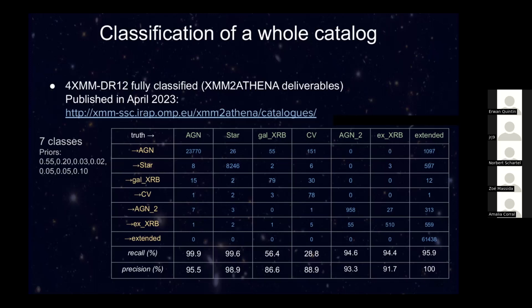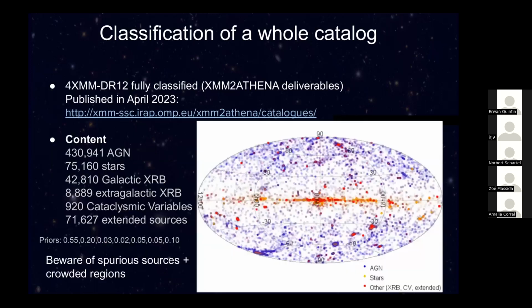And you see here that the recall is very high for almost all classes except the galactic X-ray binaries and cataclysmic variables, and the precision is high in all cases. So this is very encouraging. I would say beware of spurious sources and crowded regions, because you must still use your brain to understand what you're doing. And faint sources in particular may not be very well classified when they have a lot of missing information.